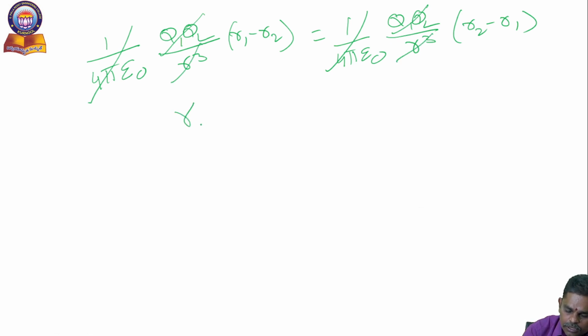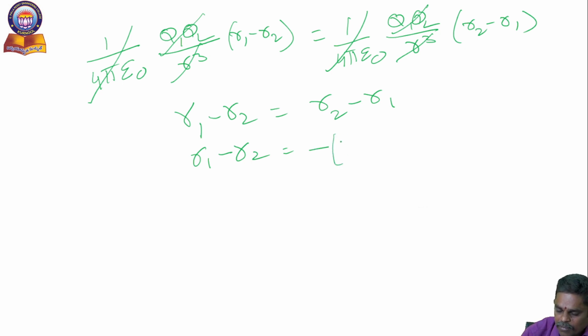Finally R1 minus R2 is equal to R2 minus R1. Taking the minus outside, R1 minus R2 is equal to minus of R1 minus R2. So then F1 is equal to minus F2.